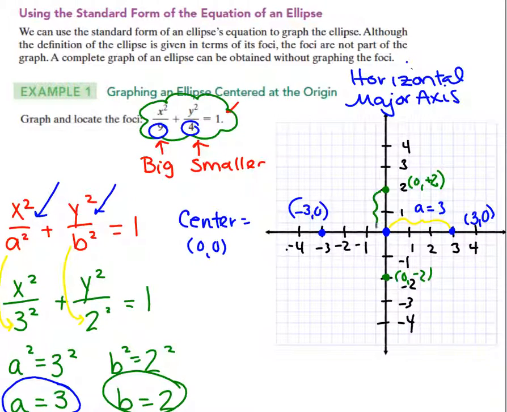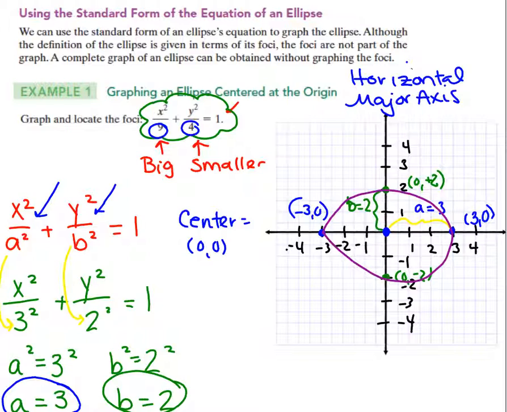The distance from the center up to one of those points is your B length, 2. All right, so now we have 4 points. We go ahead and create the ellipse around those 4 blue and green points: -3, 0, 0, 2, 3, 0, 0, -2. So our ellipse is in the purple.